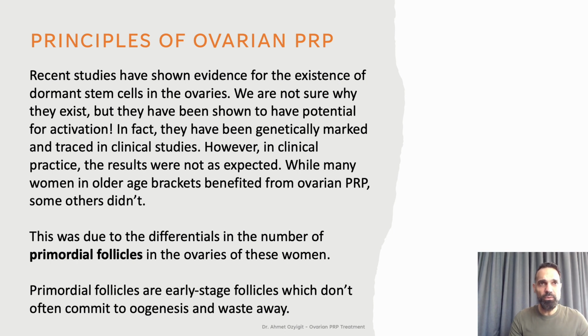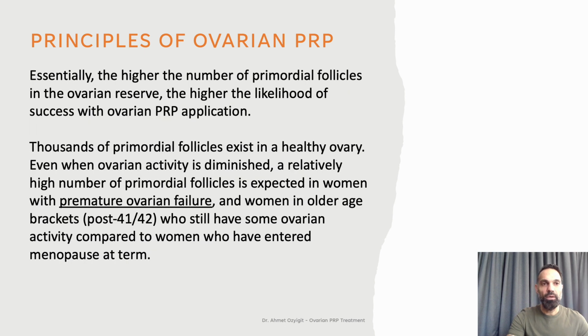And in women who do have a decent size of primordial follicles, which includes women with premature ovarian failure, or women in older age brackets who do still have some sort of ovarian activity, we can essentially try to stimulate these primordial follicles, and they can possibly undergo and complete the stages of oogenesis and give us viable follicles, give us viable eggs that we can work with.